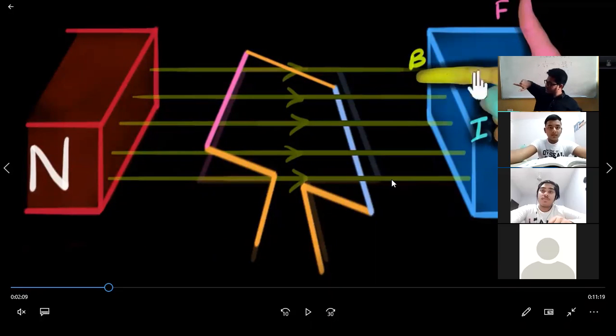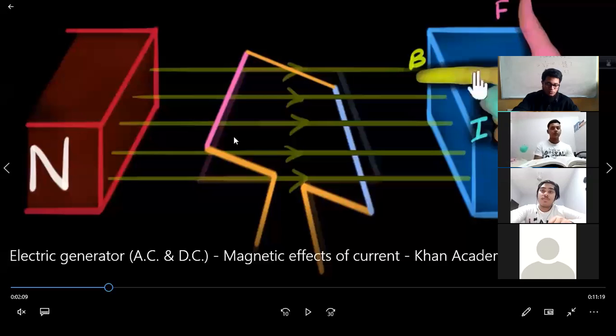See, in this direction force is being applied in the downward direction, the magnetic field is in this direction, and the current will be coming towards you. So from here we can imagine how the current produced will be flowing. It will be going inside through this, and it will be coming out towards you through the blue wire. So the current flowing will be in this direction.